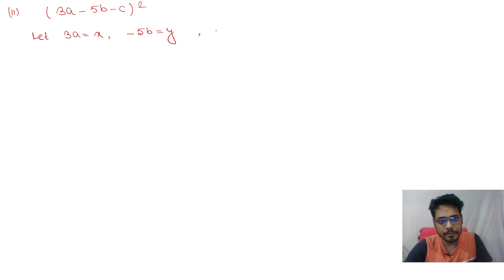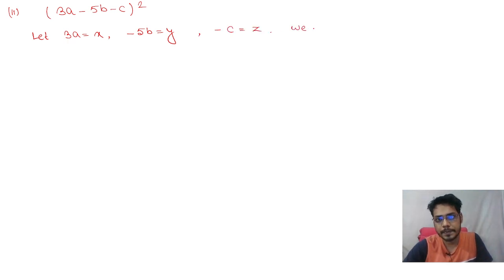Now the second one, example number 2: 3a minus 5b minus c its whole square. How can we do it? It is also very easy. You assume that 3a is x, minus 5b is y and minus c is z.